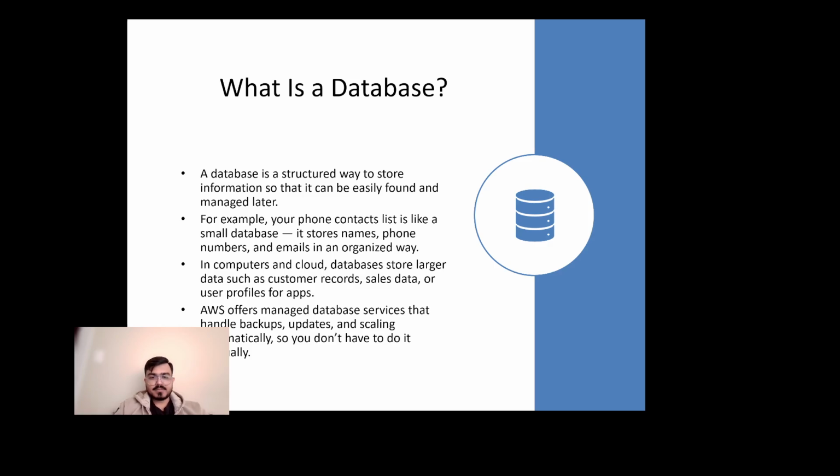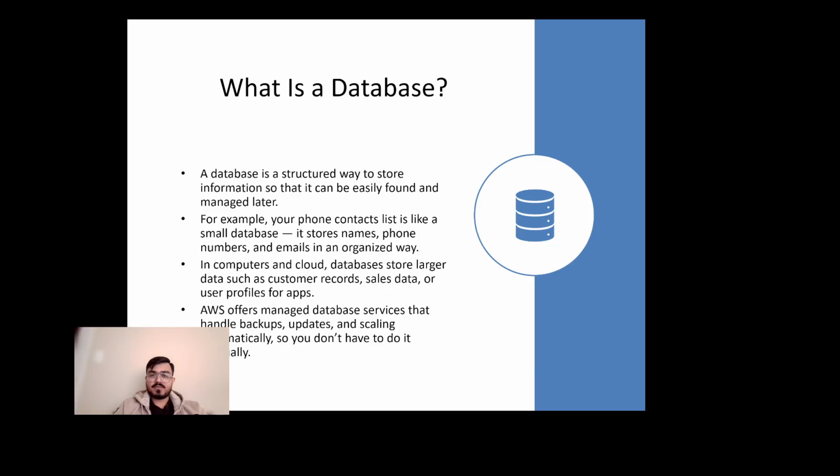What is a database? Before jumping into AWS, let's first understand what a database really is. A database is a place where you store and organize data in a way that's easy to find and use later. For example, your contact list on your phone is like a small database.